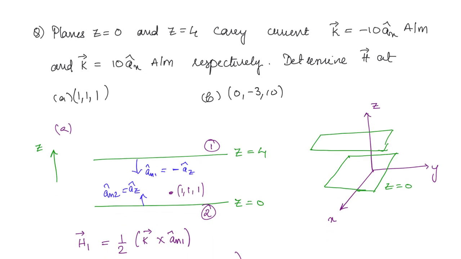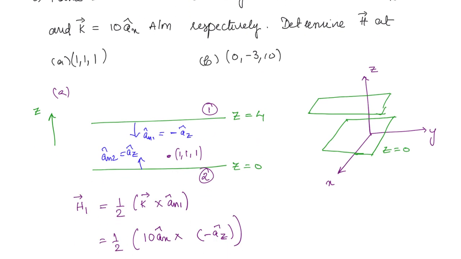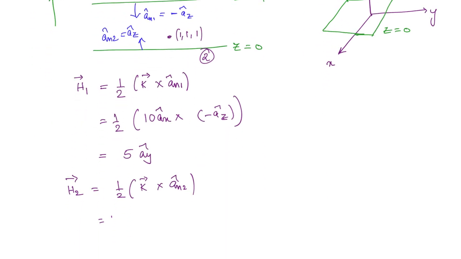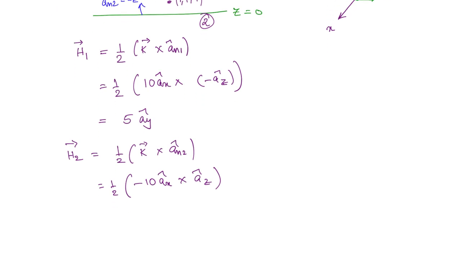For the z equals 0 plane, it is minus 10 ax cap. So here you are going to get 1 by 2 minus 10 ax cap cross az cap. So this is minus ax cross az, that also is going to be plus ay cap. So 5 ay cap.